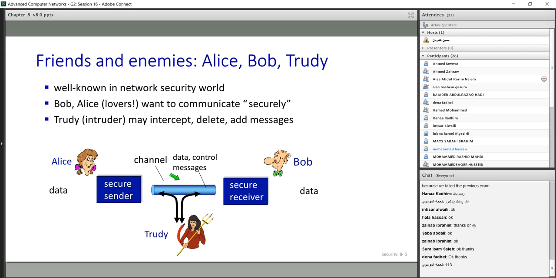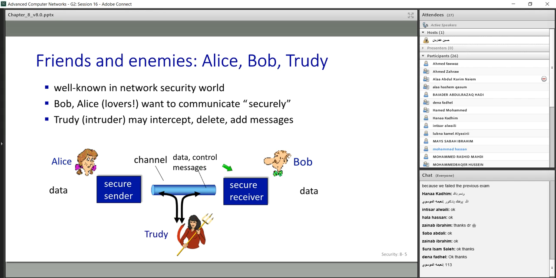Okay? And Trudy sits here between Alice and Bob. Alice and Bob have a channel to send their messages, and Trudy is sitting here in this channel.